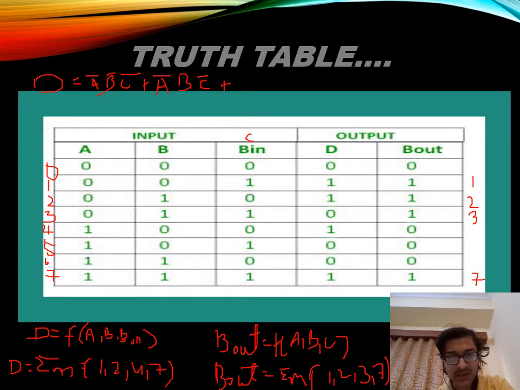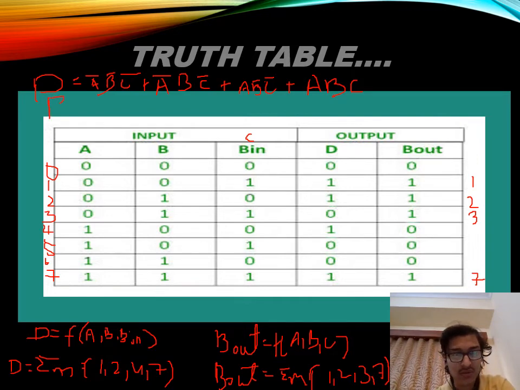So we can write 4 as A, B bar, C bar, plus the last minterm for difference is 7. So 7 we can write A, B, C, because A is high, B is also high and C is also high. So A, B and C. By high I mean 1, 1, 1 and low 0, 0, 0.